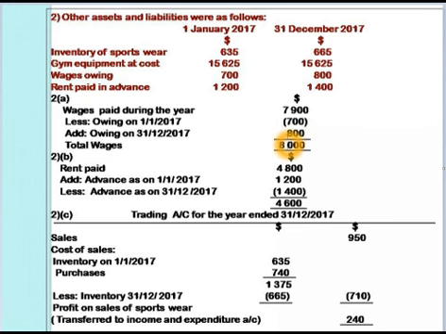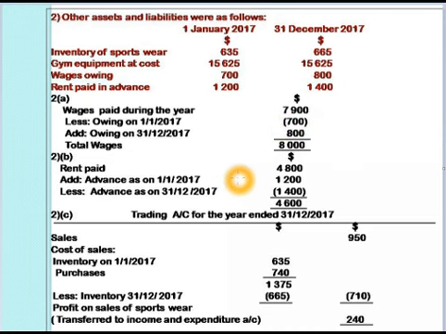Total wages for the year, which we are going to mention in the income and expense account, will be $8,000. And the owing, which was on 31st December 2017, will be taken as a current liability in the statement of financial position. Then next we will take the rent.